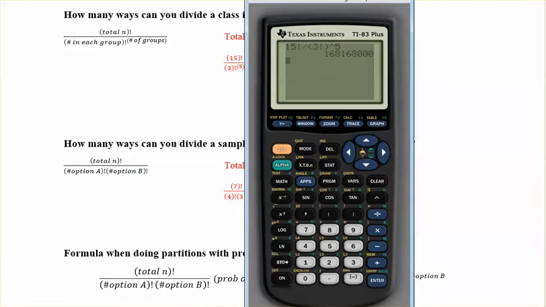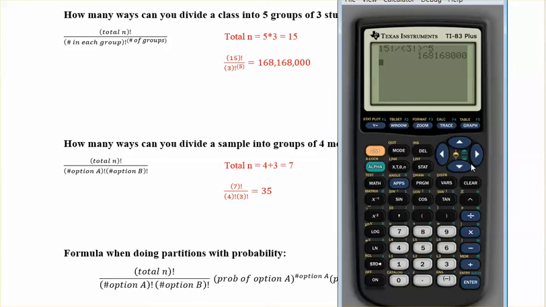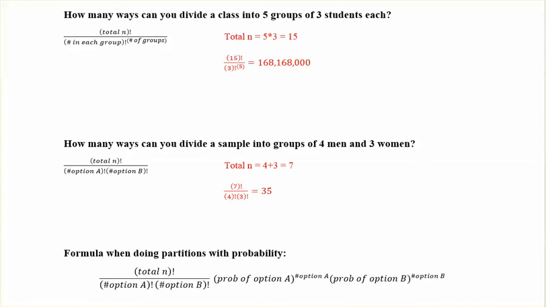So in this case, we've got 7 factorial divided by, and I'm going to put in parentheses, 4 factorial times 3 factorial, and we get 35 as an answer.